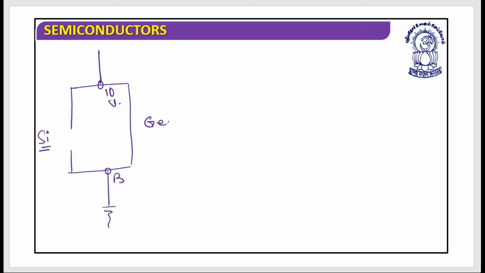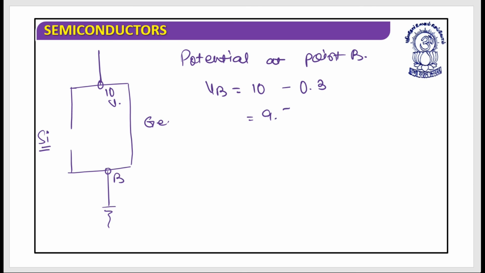So if someone asks me the potential at point B, then it would be 10 minus 0.3, which equals 9.7 volt. Now you may ask, sir, after 0.7 volt even this will start conducting.